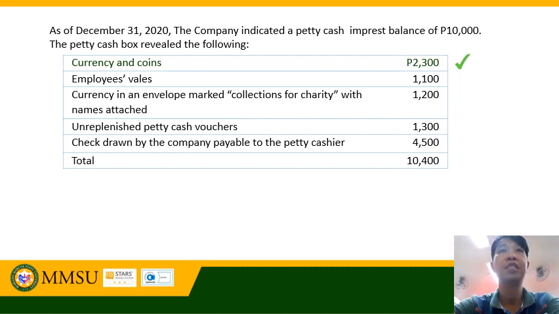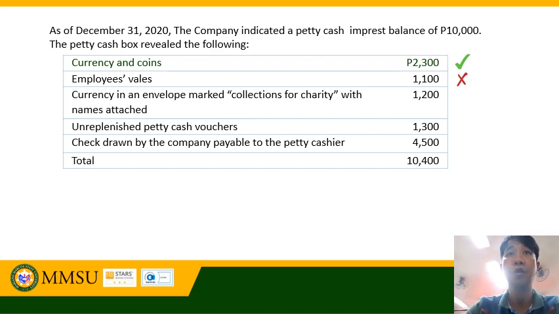So this is a thing that has to be adjusted and placed into the account advances to employees. This will not form part of the petty cash fund, the ending balance of the petty cash fund. Currency in an envelope marked collections for charity with names attached. These are contributions given by employees.